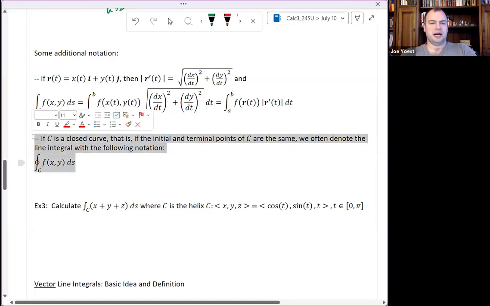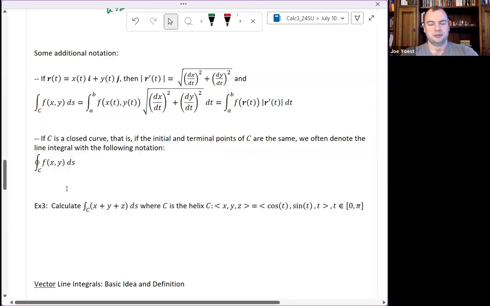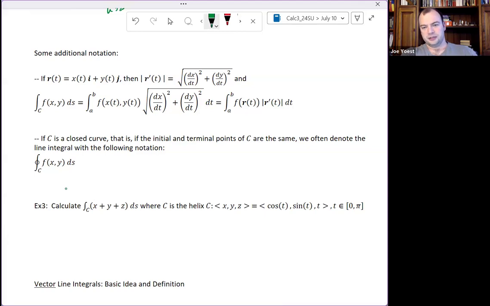And one other minor notational note. We integrated in our last example over a curve that went from some point, let's say P, to a point Q. It went from an initial point to a terminal point, and they were not the same point.